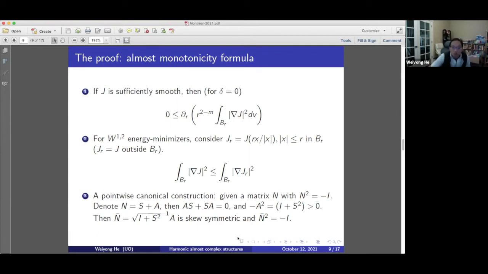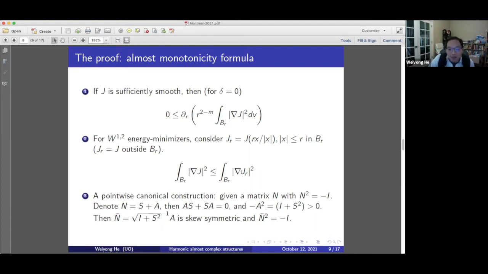So with this construction, we need to decompose this JR into a compatible almost complex structure with G, with the background metric. And then the point is, since in this small ball the metrics are very, very close to each other, at every point it's close to identity.